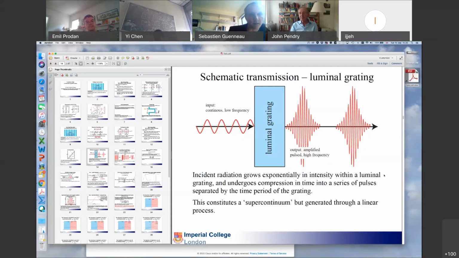So in fact, Yi Chen wanted to ask the following question. How sensitive is the modulated system to noise? Yes, good question. Like any amplifying system, it will amplify noise as well as signal.